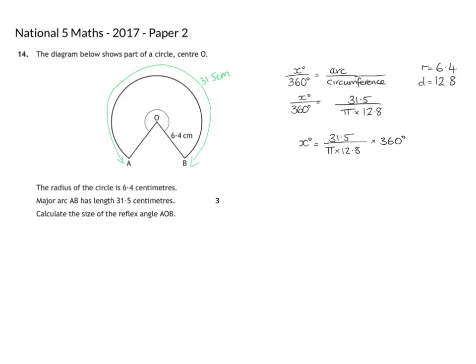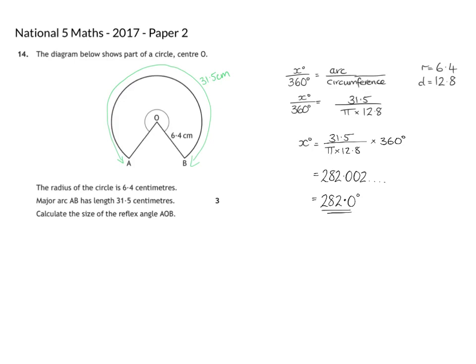Remember to go outside of our fraction to put our times by 360. And we get x equals 282.002, so 282.0 degrees.